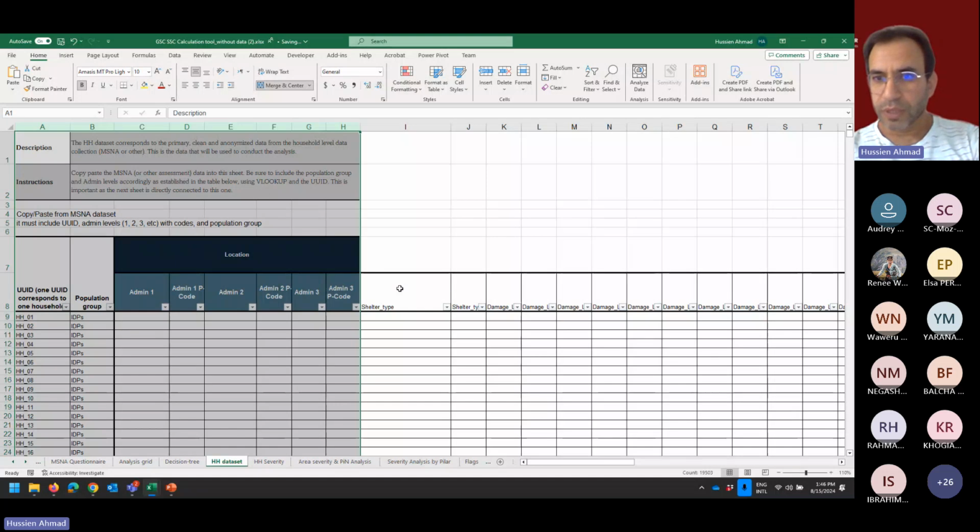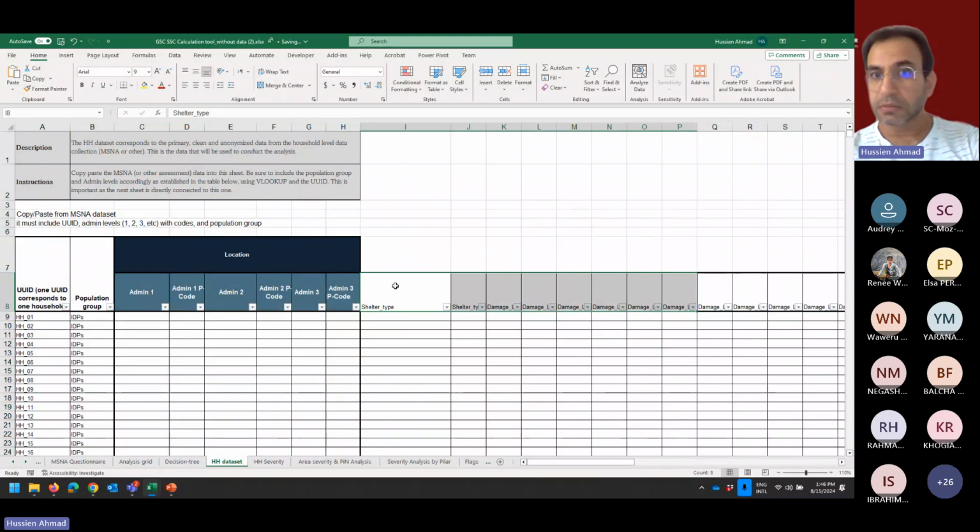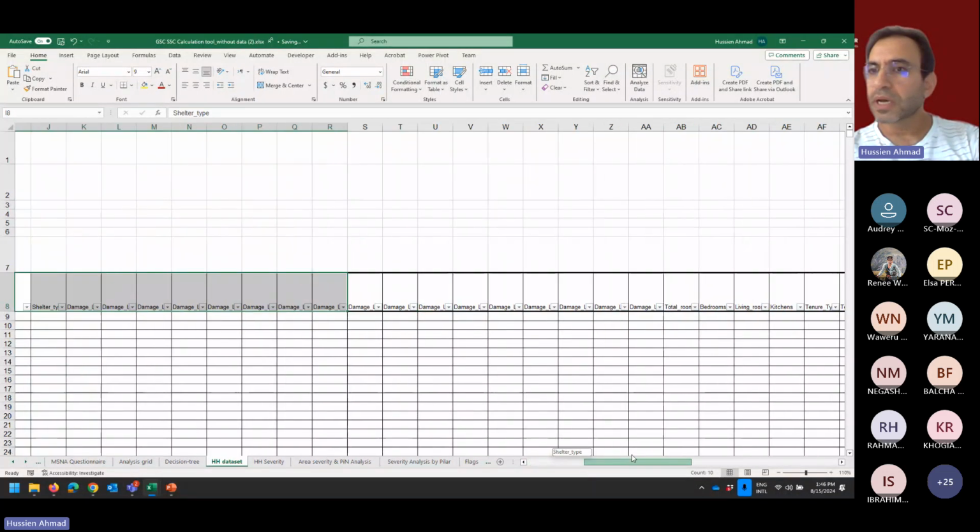And then when you have your household data set here with the sample that I had, every column corresponds to one of the values as it comes.